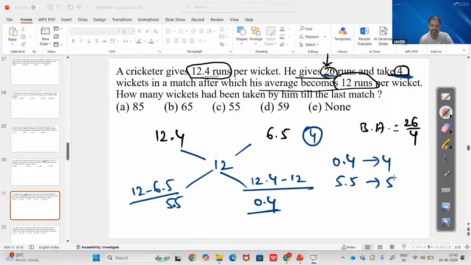5.5 will be equal to 55 wickets. So the answer is 55 wickets.